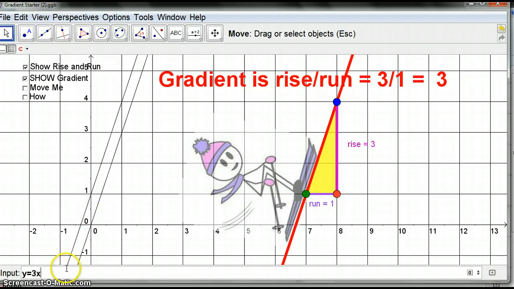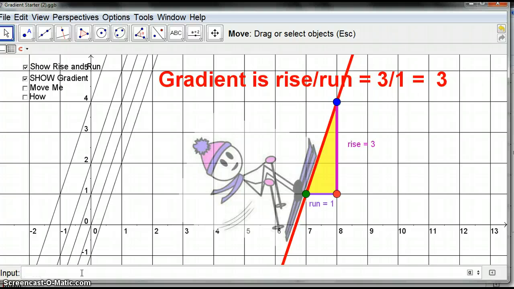Y equals 3x plus 2. Okay, can you give me a line of the same slope, 3, but goes through 4? Y equals 3x plus... Can you give me an equation with the same slope of 3, but going through this point here, 0, negative 1. Minus 1. Yeah. Making sense?